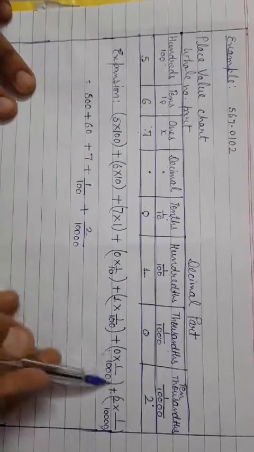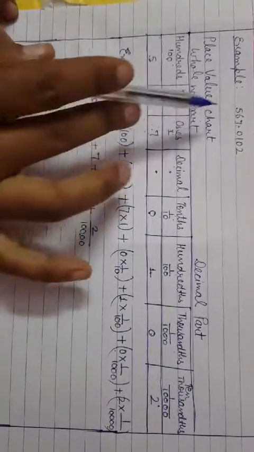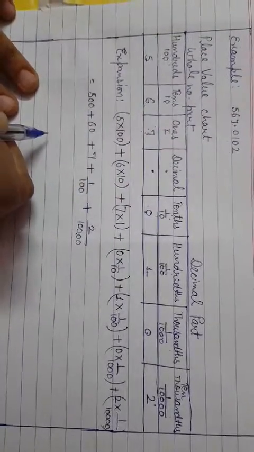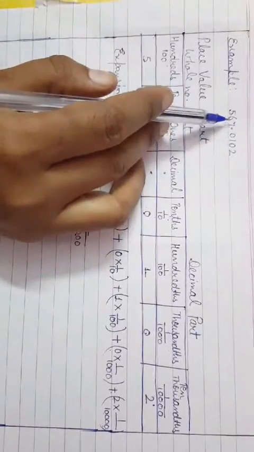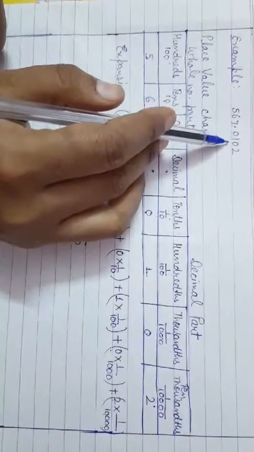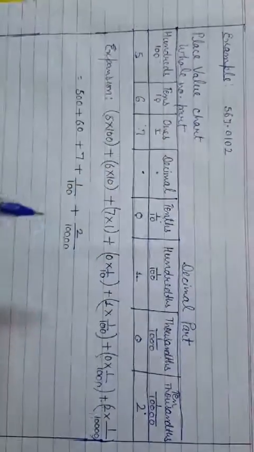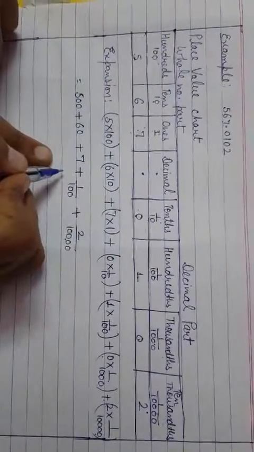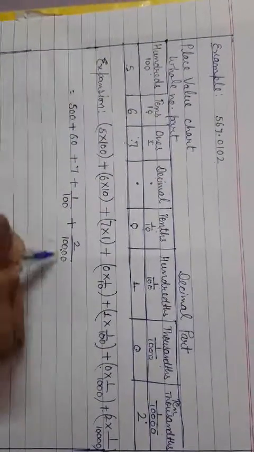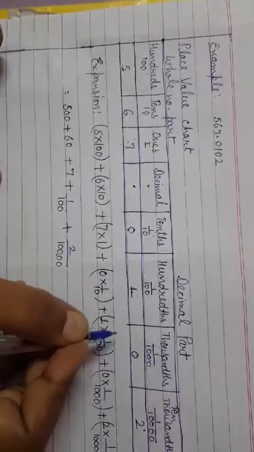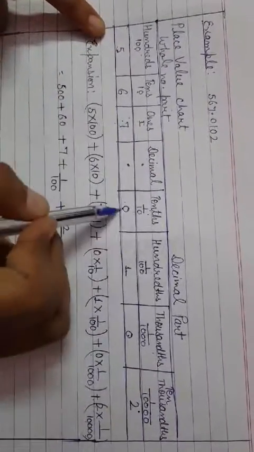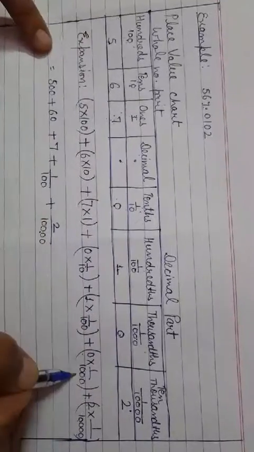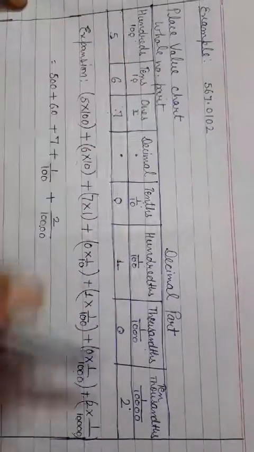So this will be the expansion for this decimal number. So you can see, if 0 is written in the whole part or decimal part of any decimal number, then no need to write its product with place value in the expansion, and you can directly write these products except 0 in the expansion of any decimal number.